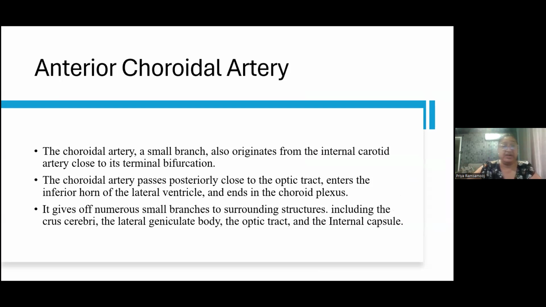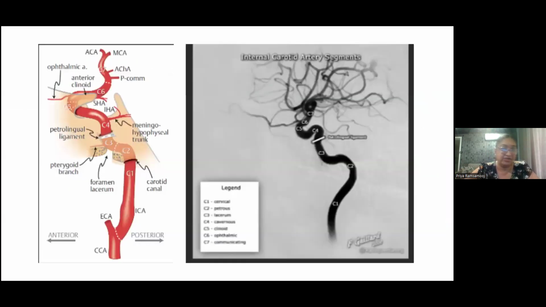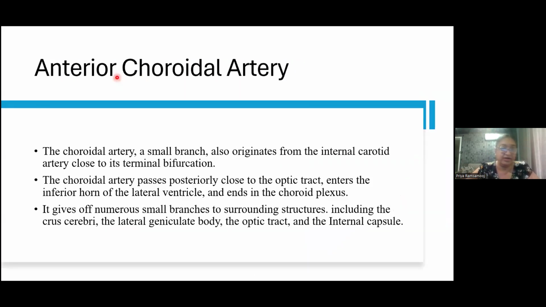The anterior choroidal artery arises from the posterior medial surface of the ICA, right? And just to refresh our memories, right here. So the anterior choroidal artery arises from the posterior medial surface of the ICA, about 2 to 4 millimeters distal to PCOM's origin.